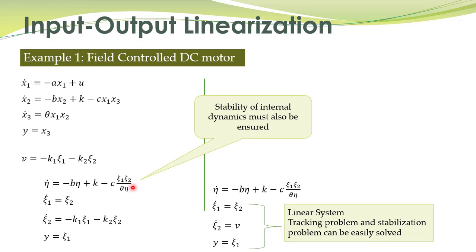So this is a brief discussion on input output linearization. We have learned how to achieve input output linearization. There is one very important point: in addition to this, we have to ensure the stability of internal dynamics as well. And in the next lecture we shall talk about stability of internal dynamics.